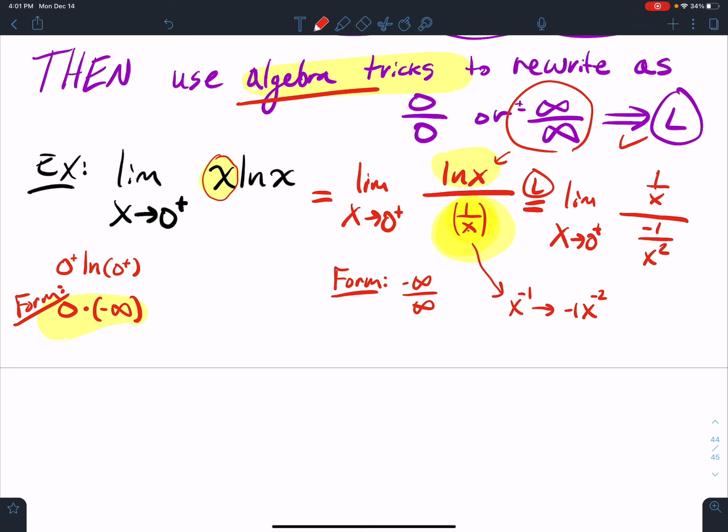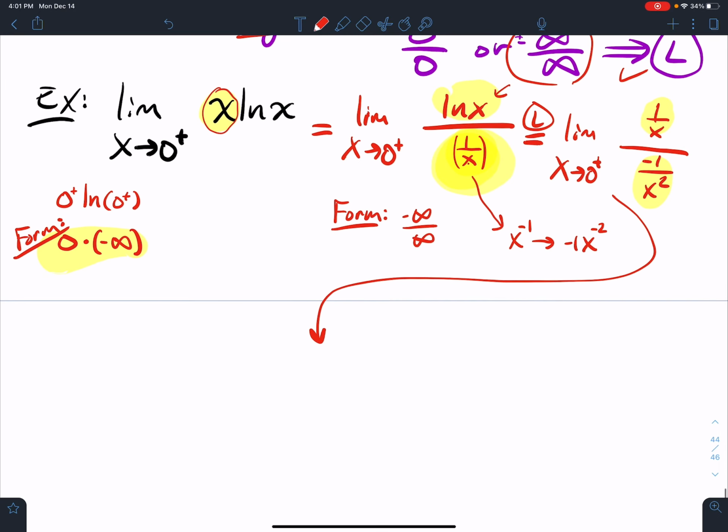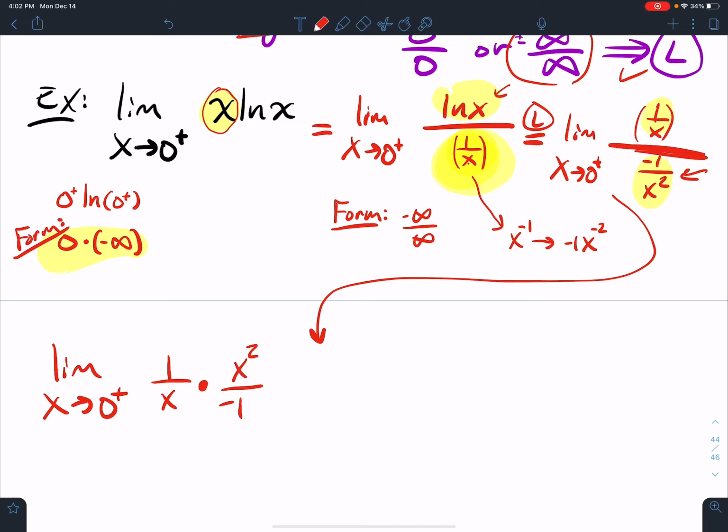Okay, now I have a fraction divided by a fraction. So I'm going to keep, change, flip this bad boy. And so what do I get? I get the limit as x goes to 0 from the right of keep the numerator the same, change division to multiplication, and then flip the fraction in the denominator, right?